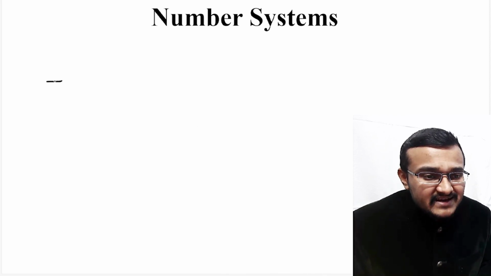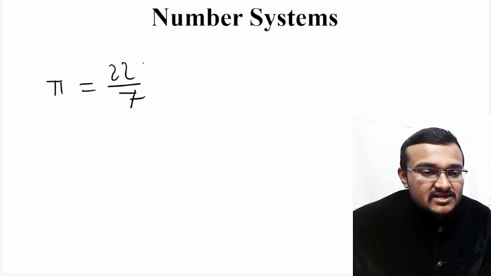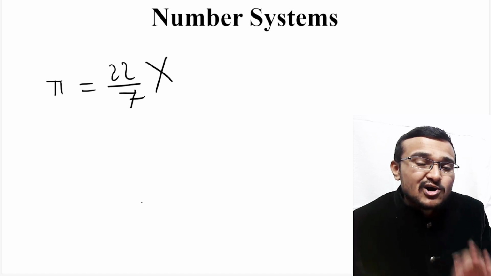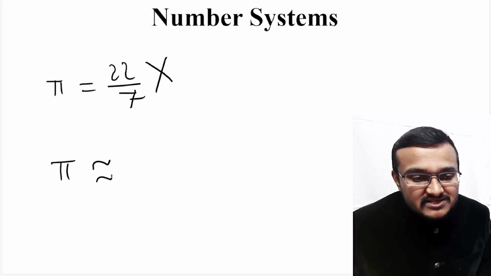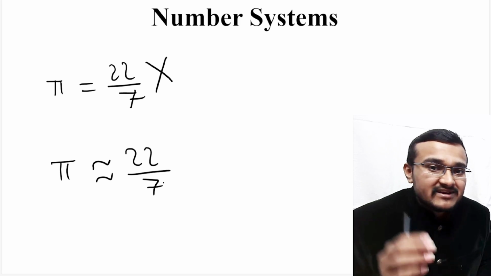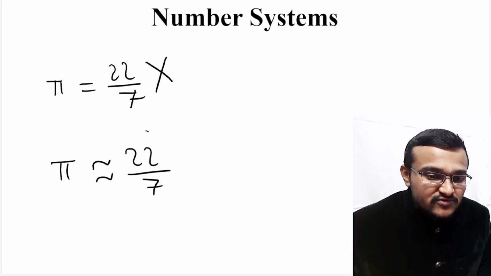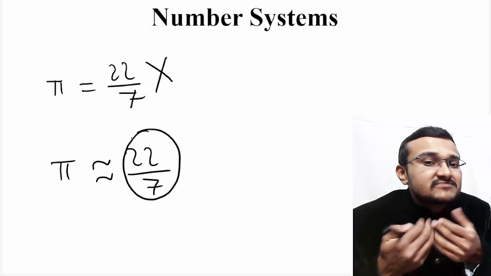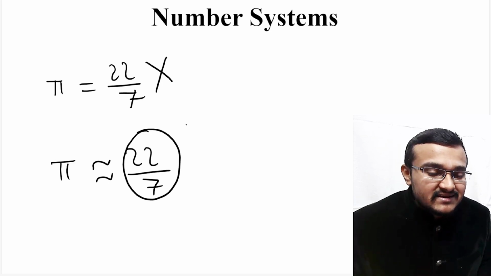In general, we indicate pi as 22 by 7, which is wrong, because approximately pi is equal to 22 by 7. So always remember, approximately pi is equal to 22 by 7. Pi is not exactly equal to 22 by 7, because if you consider 22 by 7, then it becomes a rational number. Pi is not a rational number, it is an irrational number.